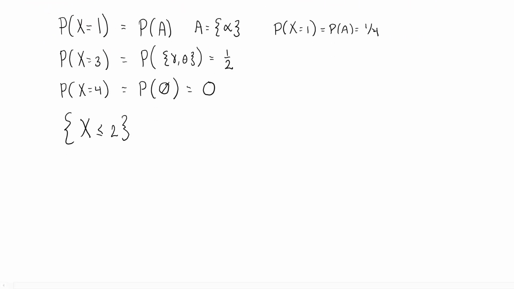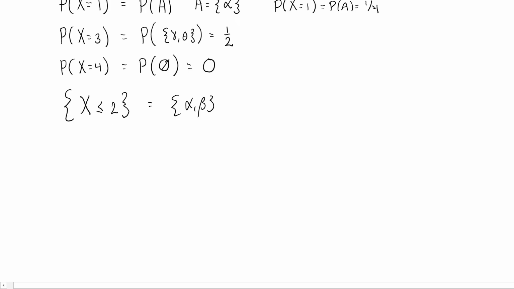So this is exactly the same as {alpha, beta}. So using the same principle, this symbol here, P(X ≤ 2), simply means the probability of this event, {alpha, beta}. Assuming that the outcomes are equally likely, this is again 1/2.